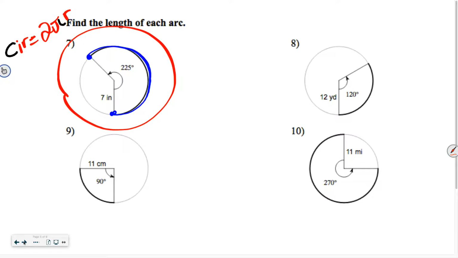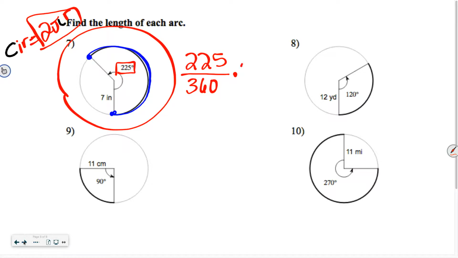But that's the whole circle. This is only part of a circle. So it's 225 pieces out of a whole circle, which is 360. And I got that measure from here. So I take that fraction and I multiply it by the whole formula, which is 2 times pi. And then here they told me the radius was 7. You want to make sure you're using a calculator with these values.